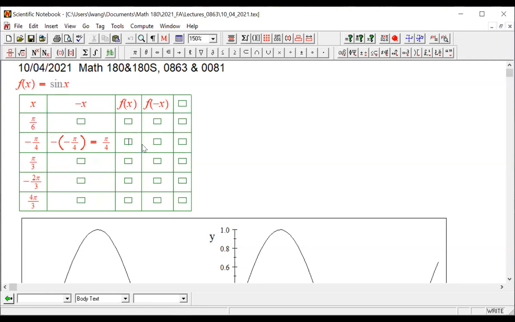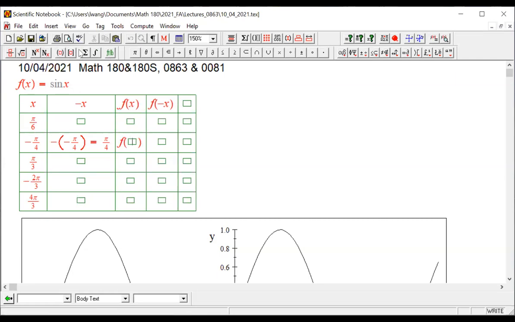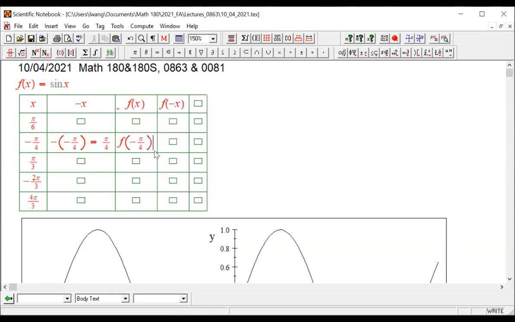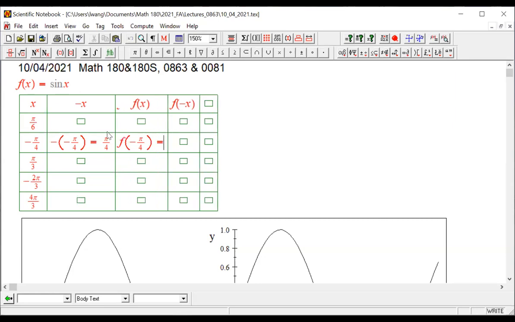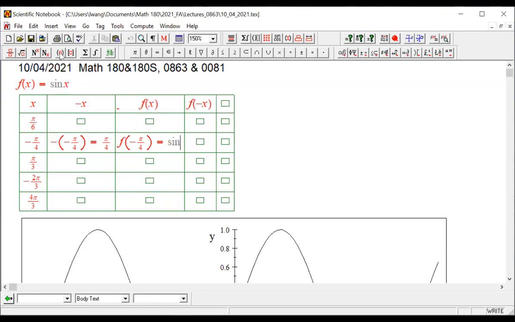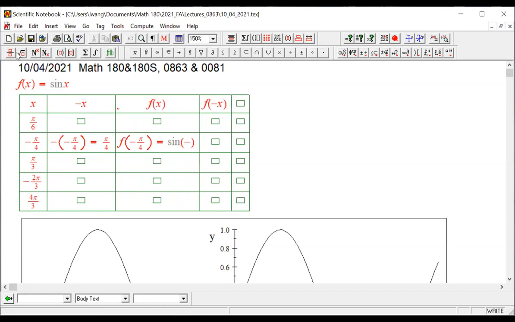But what is f of x? What is f of negative pi over 4? All these notations are super important for your learning experience. So that's going to be sine of negative pi over 4.